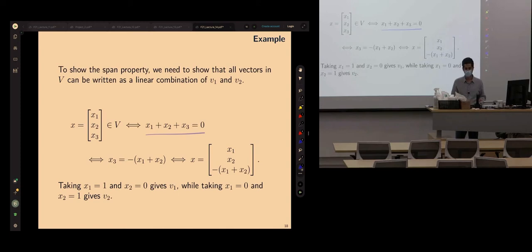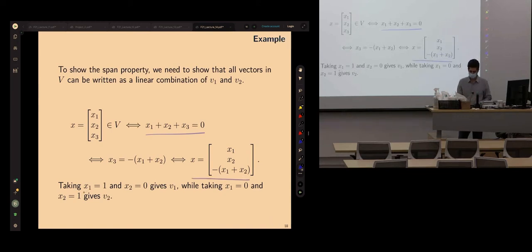It's going to be negative of some of them. So my vector actually can be defined completely by x1, x2, and negative of x1 plus x2. So every vector in this subspace has this form.